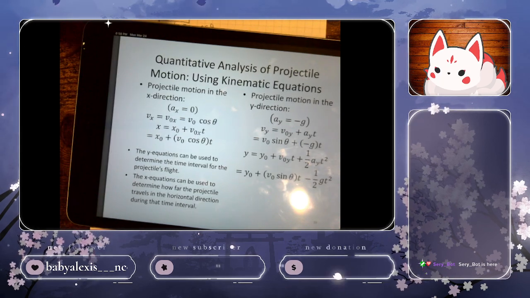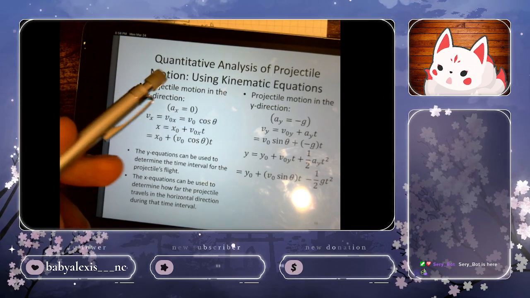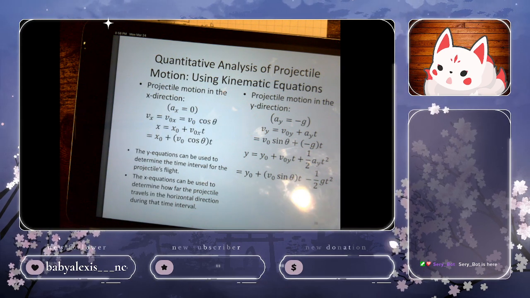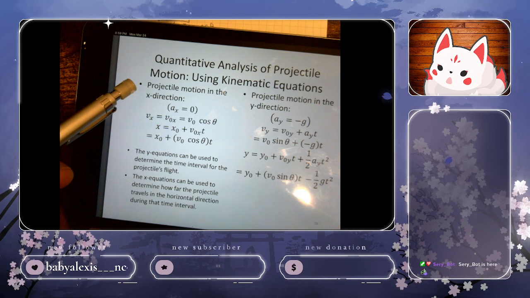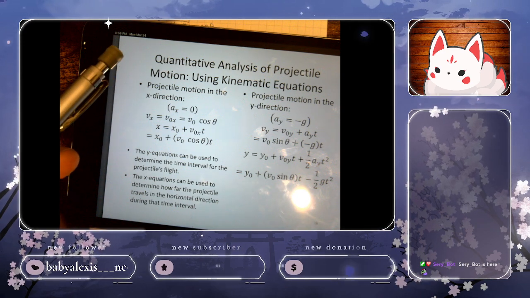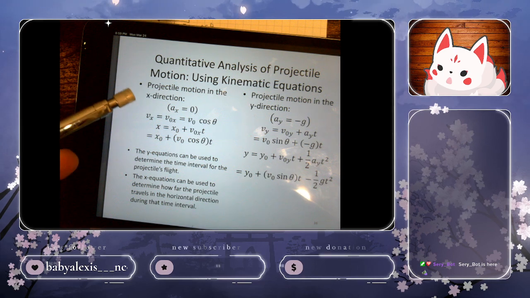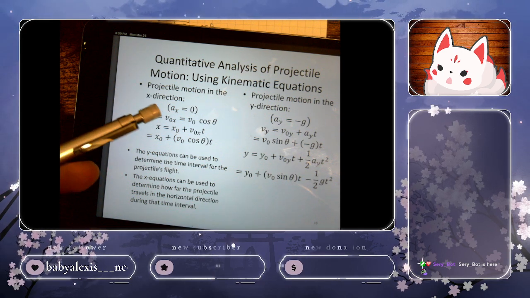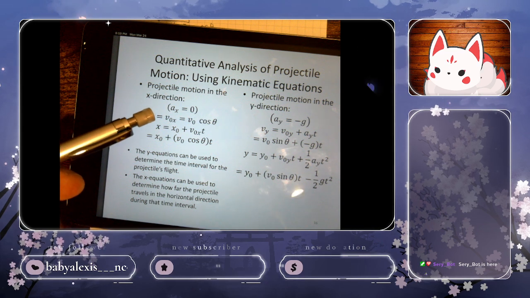Quantitative analysis of projectile motion using kinematic equations. Projectile motion in the x direction. Acceleration equals 0, because no force affects it, Vx equals V0. So they're just saying it's constant, so it never changes.